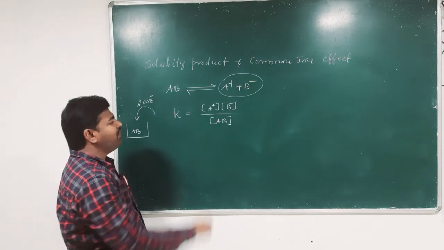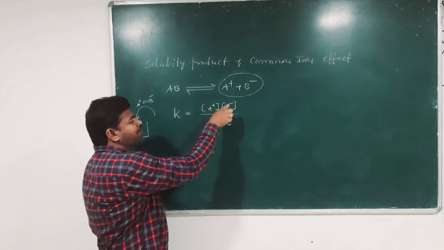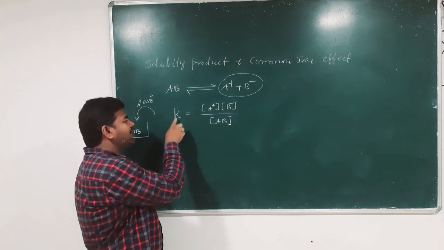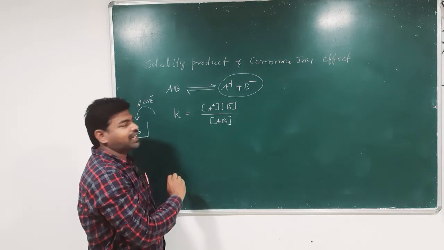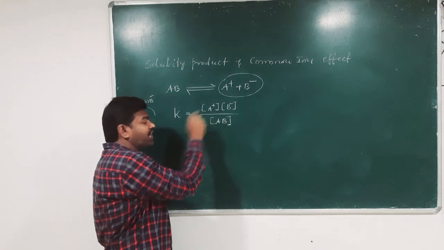Because when we increase the concentration of A plus or B minus ions, in order for K to be constant, we should increase the concentration of AB.